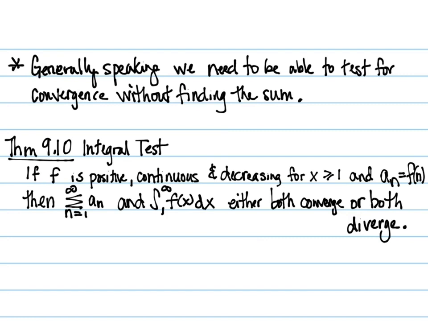Notice what it doesn't say. It doesn't say they're equal to each other. It does not say they're equal. It just says that convergence of one means convergence of the other one. Divergence of one means divergence of the other one.